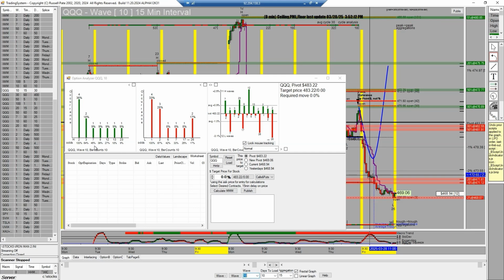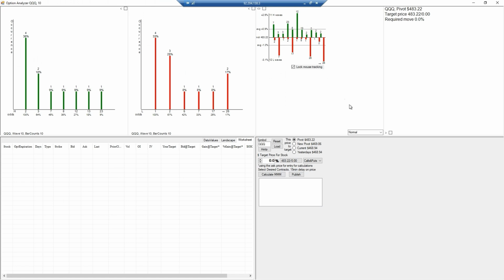Like right here, let's suppose that the market is at H8, and there's only 36% probability of it forming, and you're wondering, okay, what's the probability of H9? It's going to be less than 36%, of course. You can see it actually decreases, so of course it's going to be less than 36%. So this is how you can use the options analyzer.